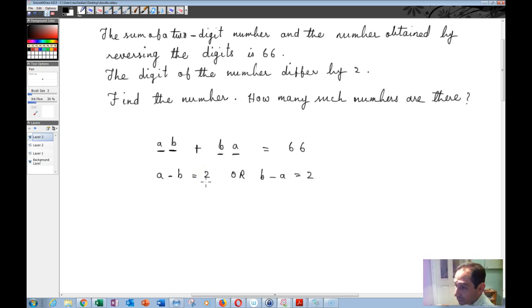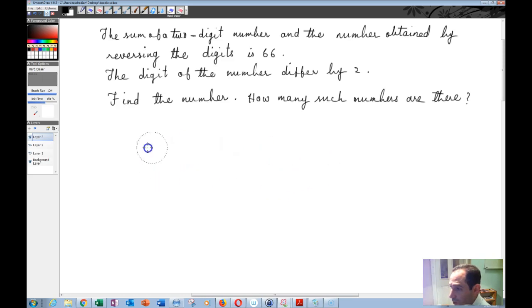So if you take your original number, which has these two digits, let me rewrite this as, for example, x and y. I take this as x and this as y, and then I have to reverse the digits over here, so that would be y and x.